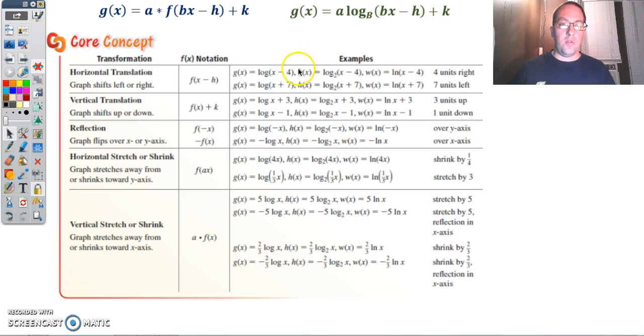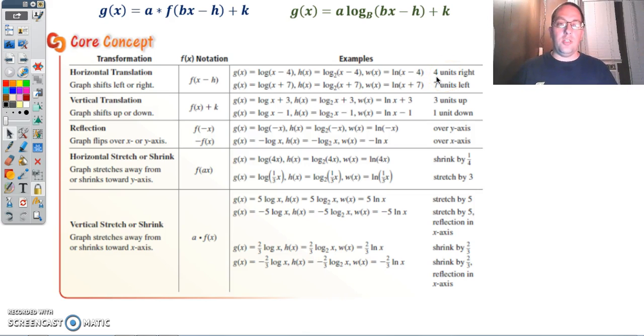And if you look here in this table, this looks just like every table we've ever had on transformations. You'll see the only difference is here we have common log, here we have log base 2, here we have natural log, so base e. Right? And you'll notice it really doesn't matter what the base is. The transformations are exactly the same all the way down.